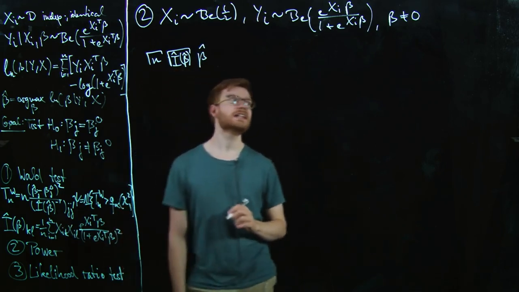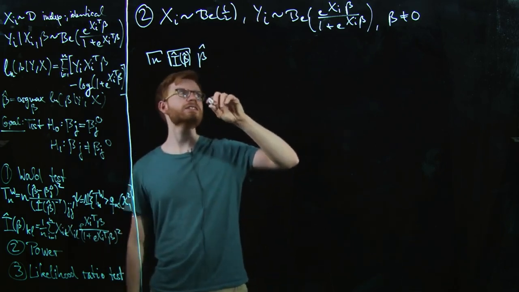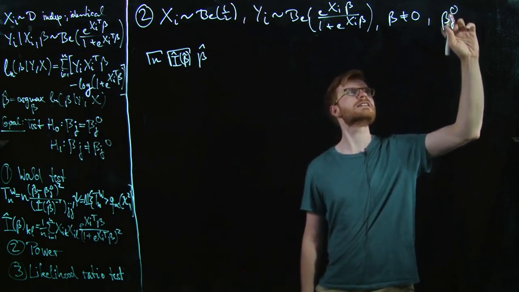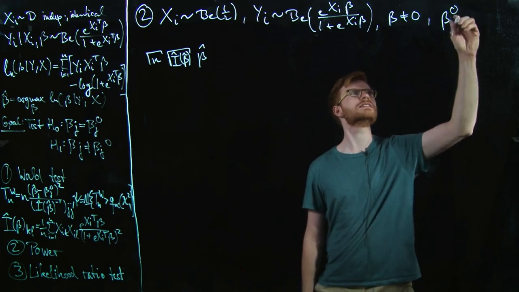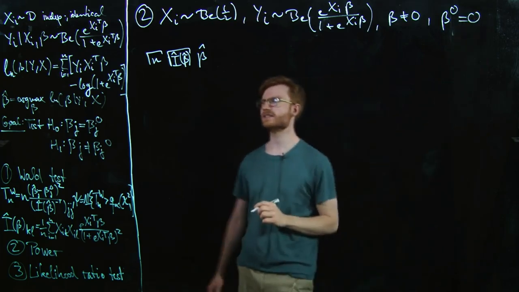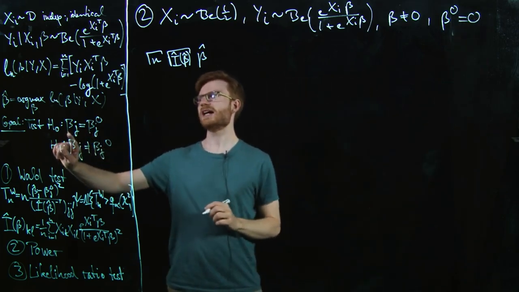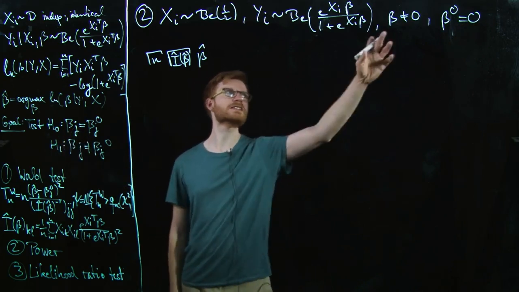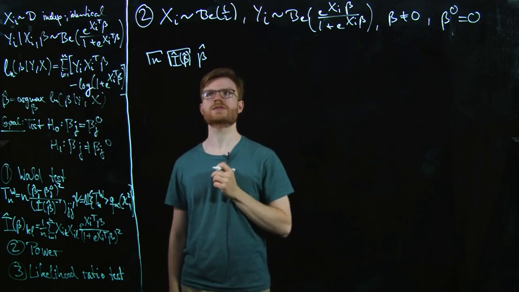And I forgot to mention, I want to assume that beta naught is 0. So the only thing I'm testing is whether my coordinate is relevant or not to my model. That's why I assume beta is not equal to 0 there.